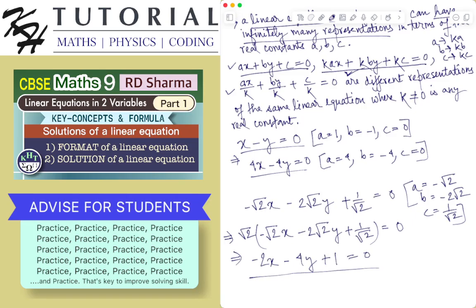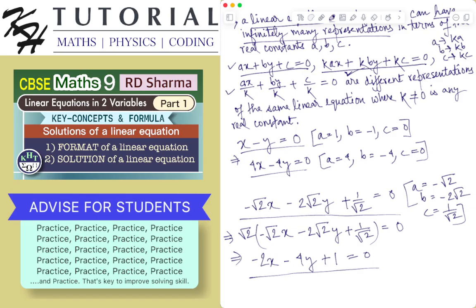This linear equation looks different from the original, that is, the representation is different in terms of the constants a, b, and c, but they are actually the same identical linear equation. They will give the same set of solutions or roots.